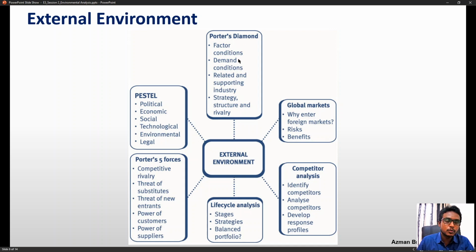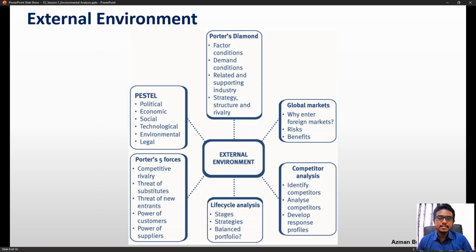So you can use Porter's diamond, where there are 4 aspects to things, the PESTLE framework, Porter's 5 forces, the life cycle analysis, and in general, something that is quite generic. As case study students, as business managers, as people involved in the corporate sector, understanding that you're operating in a global market, a global environment, and that there are risks and benefits to it is critical.